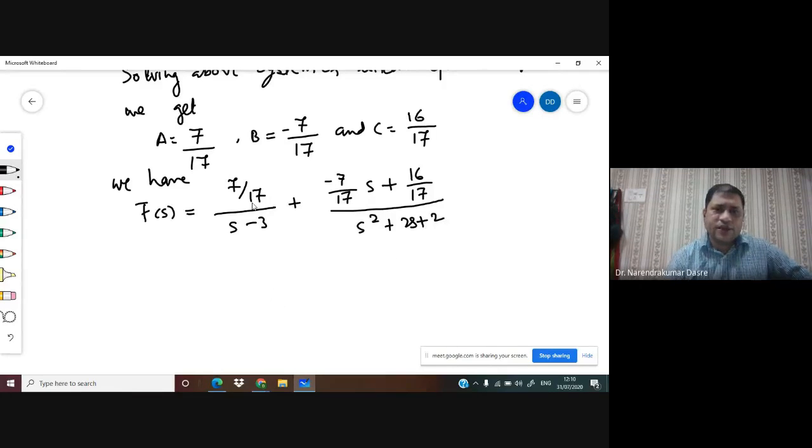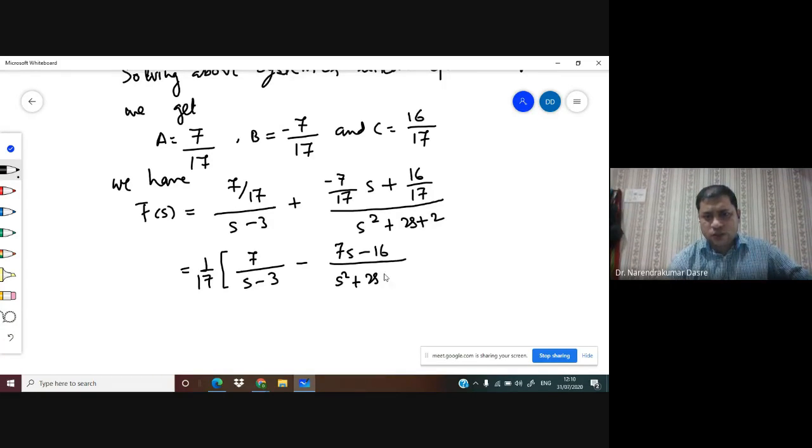We can see that 1 by 17 is common, so I can take 1 by 17 common, and I'll have 7 upon s minus 3, then I'll write minus 7s minus 16 upon s square plus 2s plus 2.